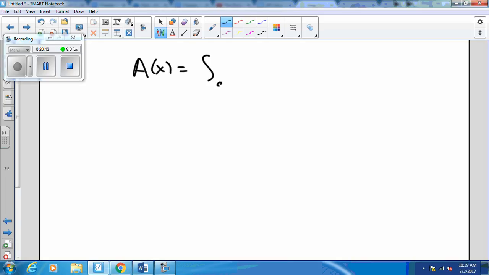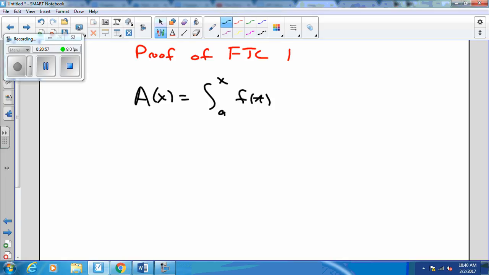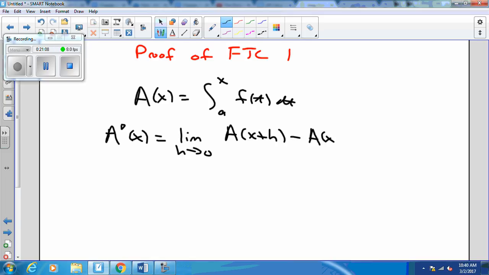If I let A of x be an area function, like so, then by definition, A prime will be the limit as h goes to 0 of A of x plus h minus A of x, all over h. That's simply what it means to be a derivative.